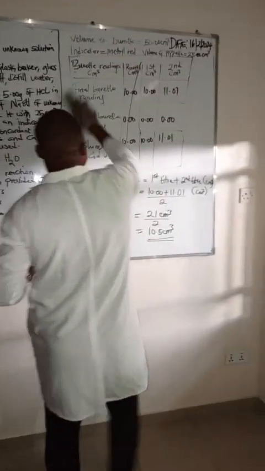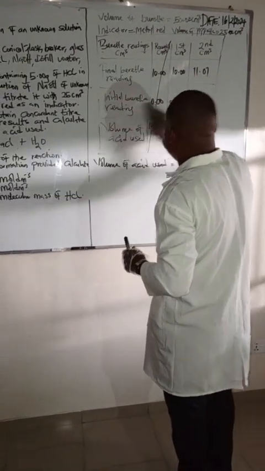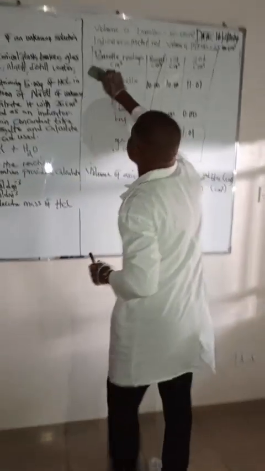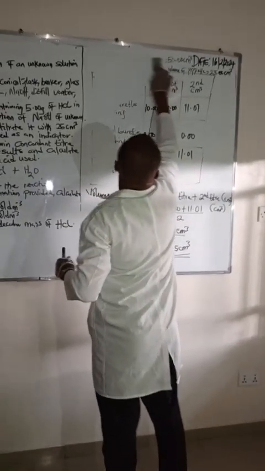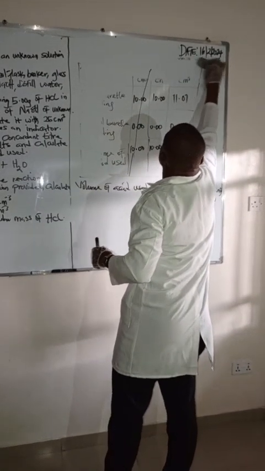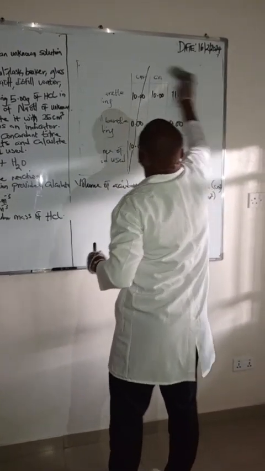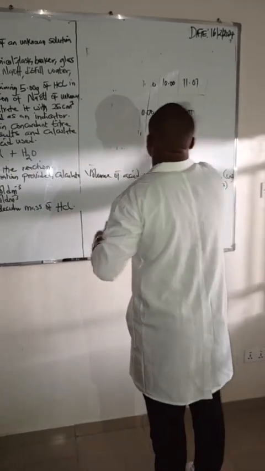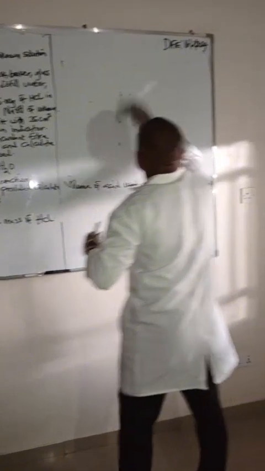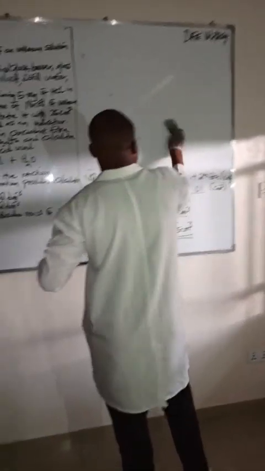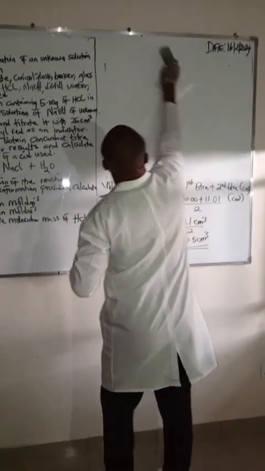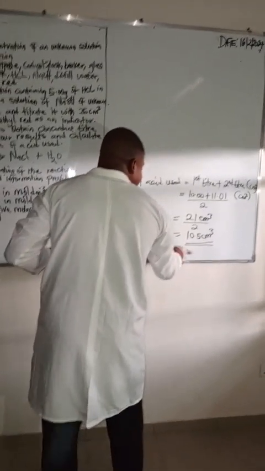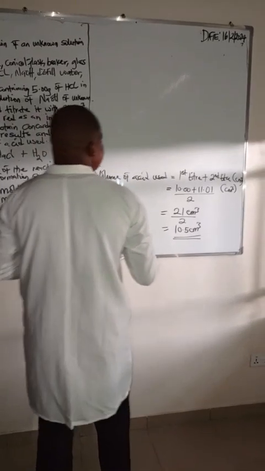So, enable me to wipe this area so that we can continue with the rest. Please note this, our volume of acid used is 10.5 cm cube.